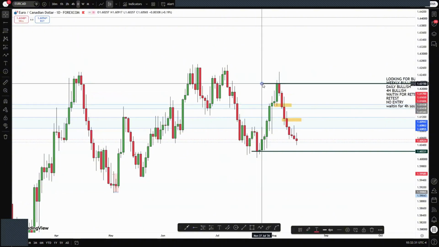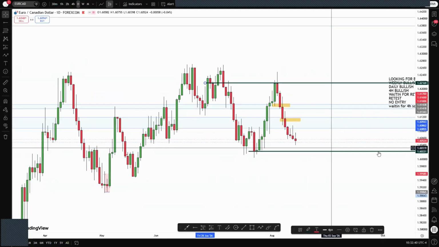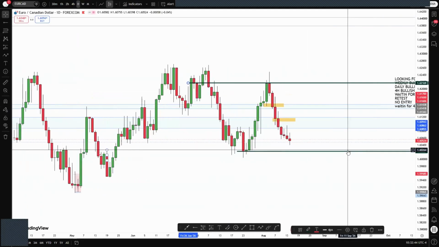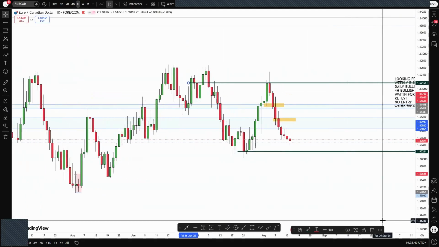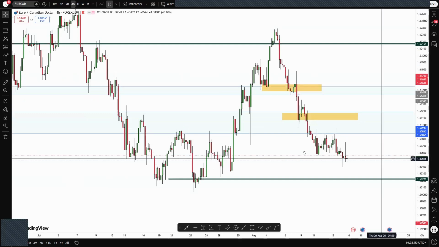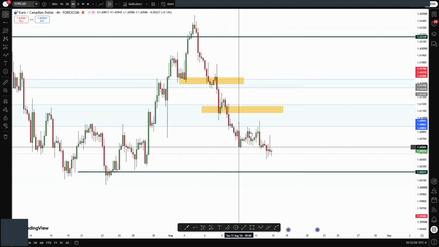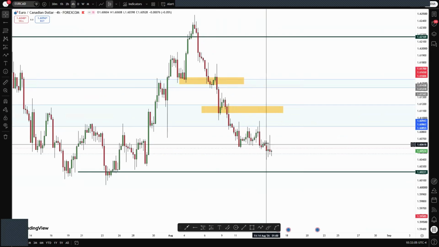On a short time frame, price is making no lower highs, no lower highs, no lower highs. But the daily is bullish, right?